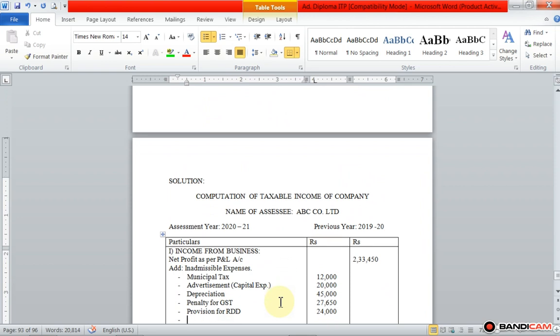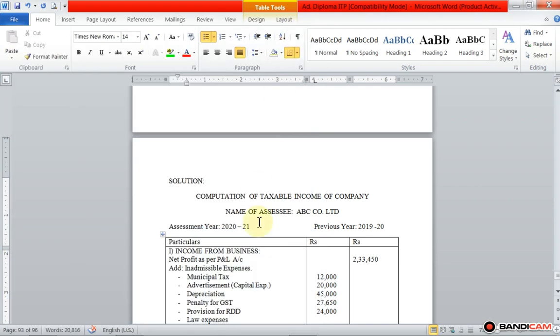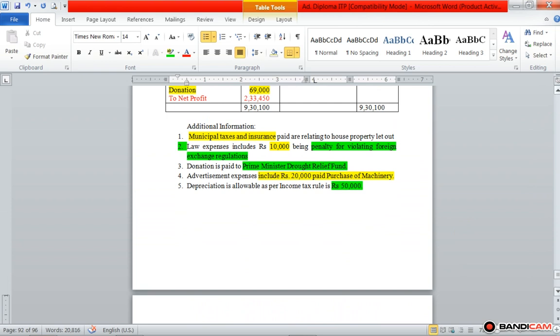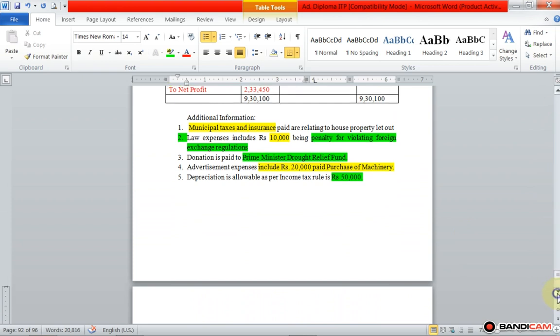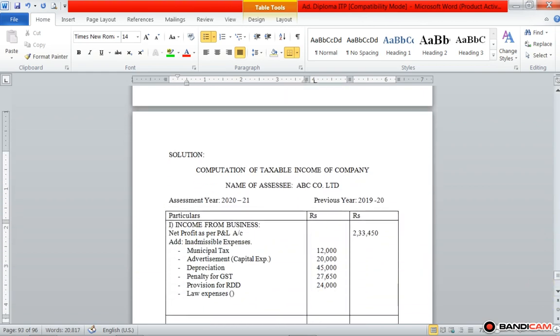So here law expenses include rupees 10,000 for penalty of violating the foreign exchange regulation. So penalty is disallowed. Include penalty amounted to rupees 10,000.